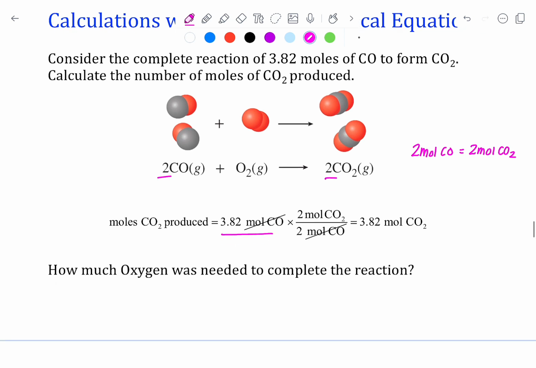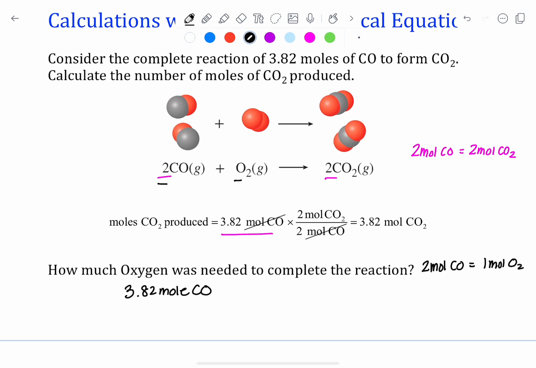My next question is, how much oxygen was needed to complete the reaction? Well, if we set it up the same way, 3.82 moles of CO, my equivalency now is 2 to 1. So 2 moles of CO is equal to 1 mole of oxygen gas.